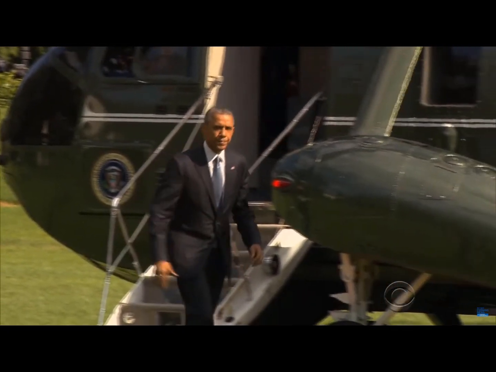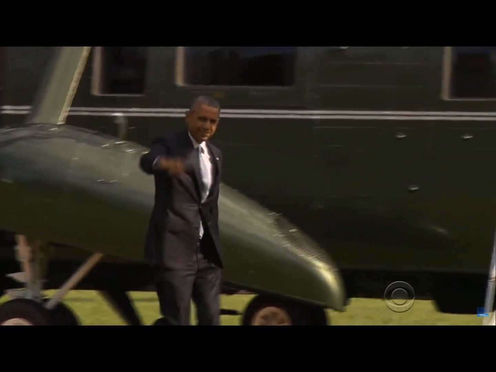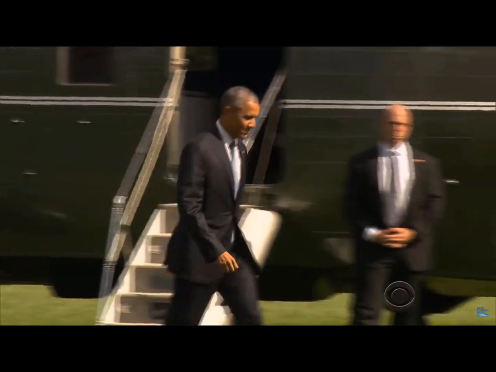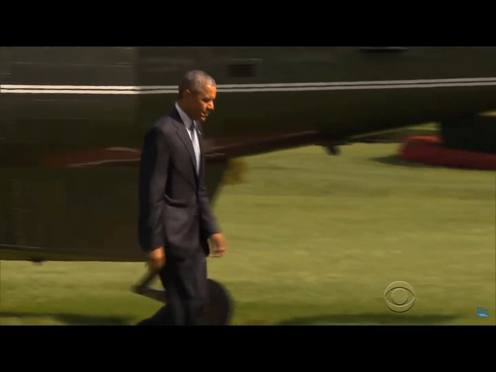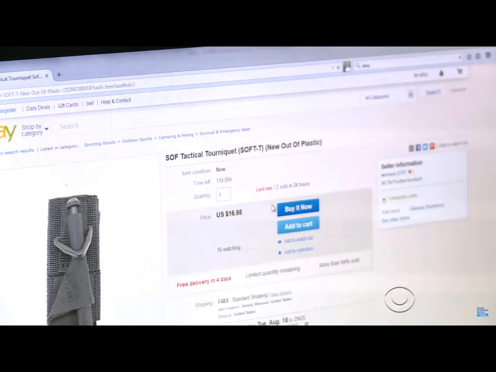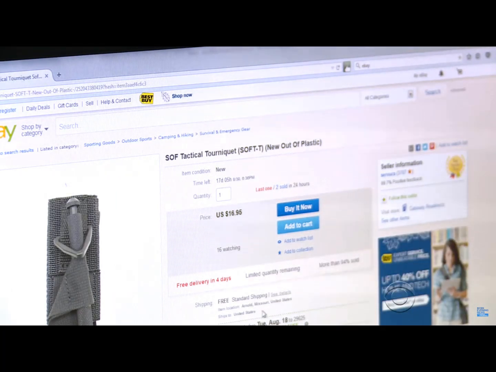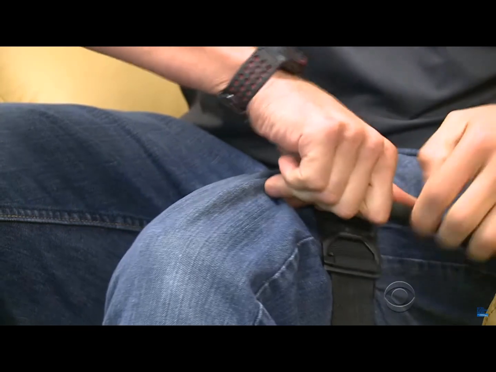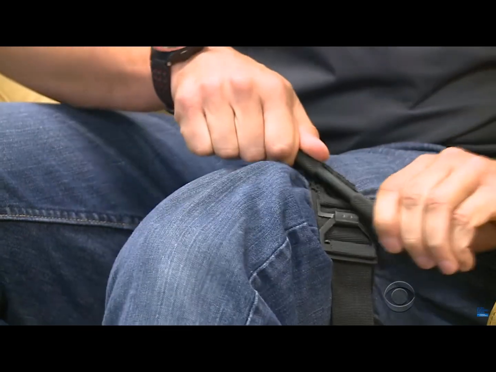In late September, the Obama administration will roll out an initiative to put tourniquets in public places, office buildings, and schools. But with fake tourniquets, some possibly made in China, being sold online for a third of the actual price, manufacturers fear the knockoffs will end up in the public's hands.